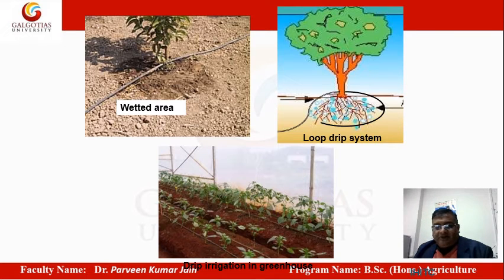The typical pictures just depict the ways of irrigation. On the top, this is in field conditions, in orchard conditions, and below, which is of your interest, is drip irrigation in greenhouses. So you can see the bed, the drip lines there, and how these are irrigating the plots.